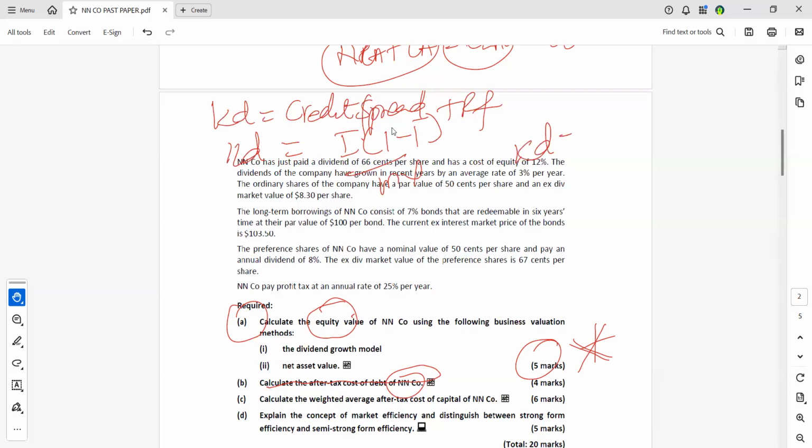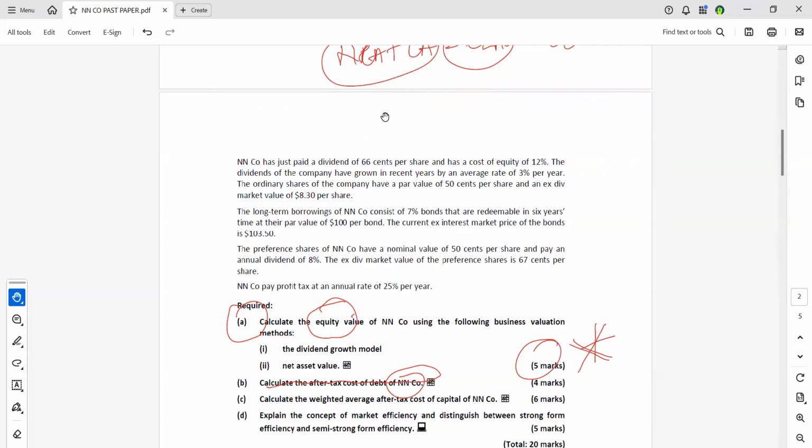You can calculate KD using the internal rate of return technique. And this is the examiner's favorite, so you need to also love it. Don't say it's difficult, because that is what your examiner likes. So you should also like it. You need to walk in the footsteps of your examiner, right?